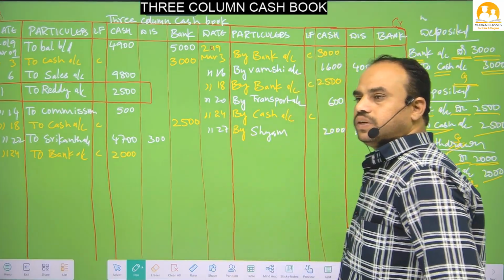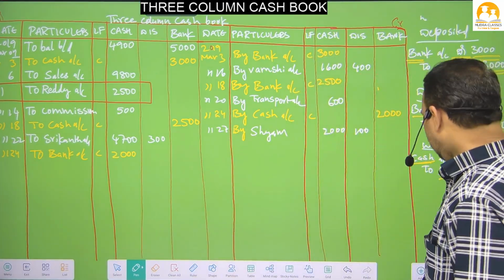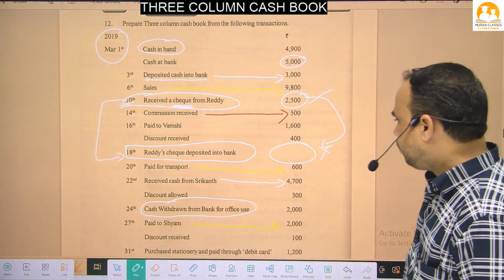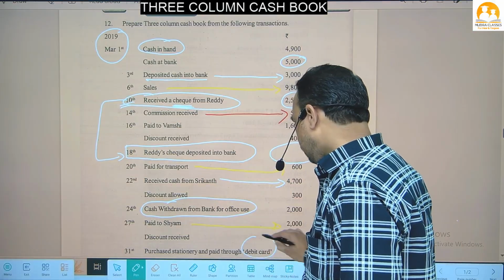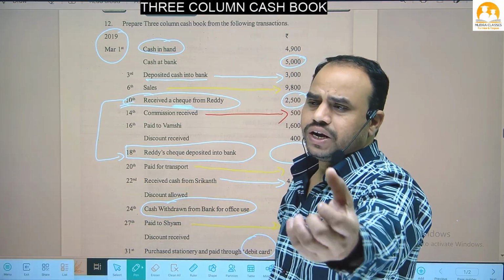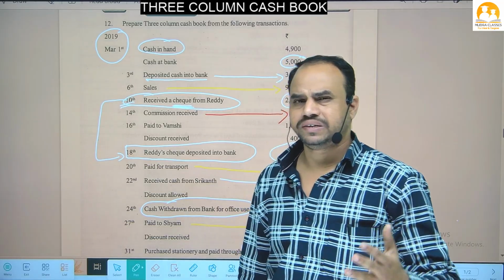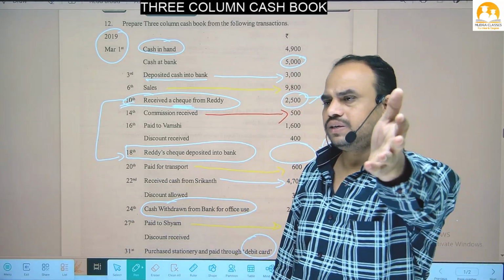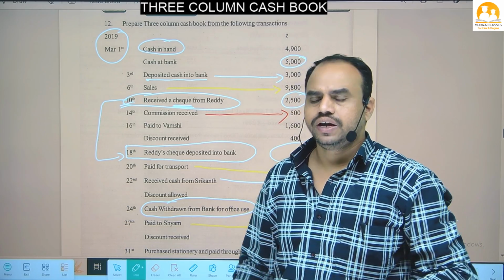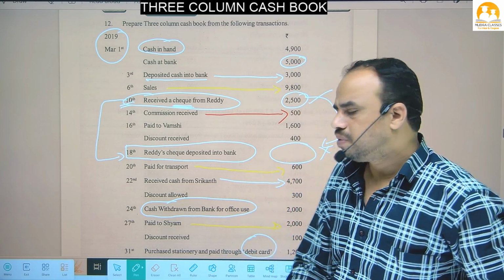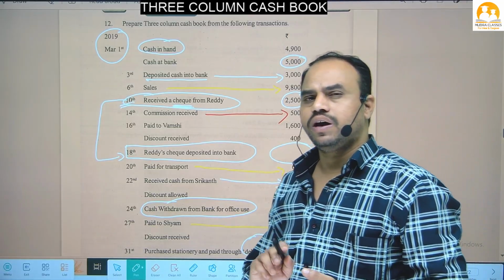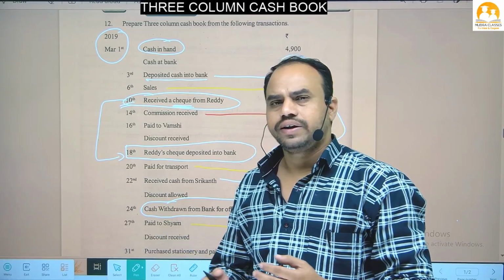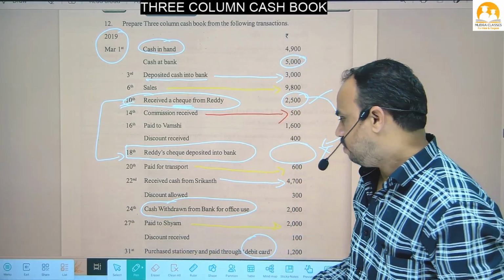Okay, now let's see the last transaction in this problem. Purchased stationery and paid through debit card, very important. So some stationery items we purchased, like pen, pencil, book, whatever it may be. In return, how did we pay the amount? Through debit card. Debit card or credit card or Google Pay or PhonePe, these are all related to bank, so the amount we have to write in the bank column.